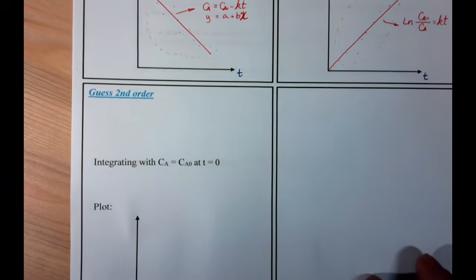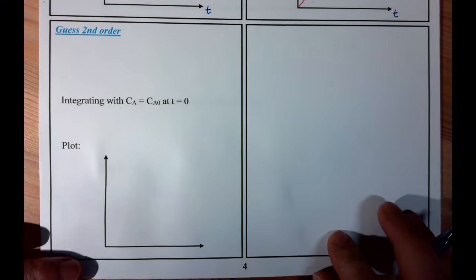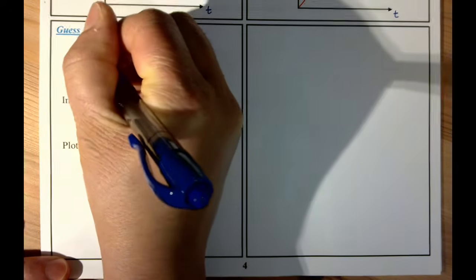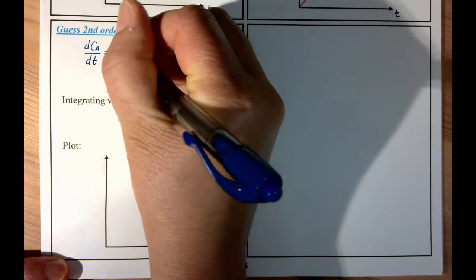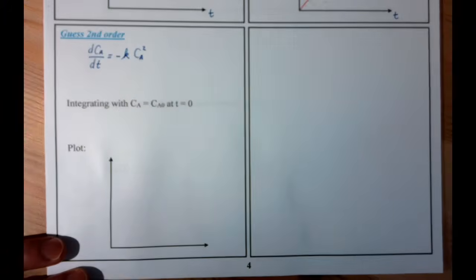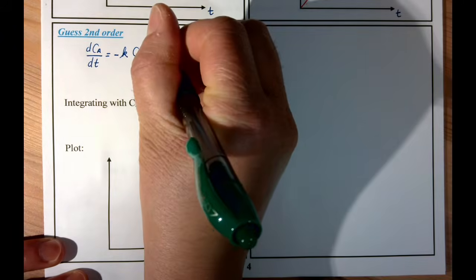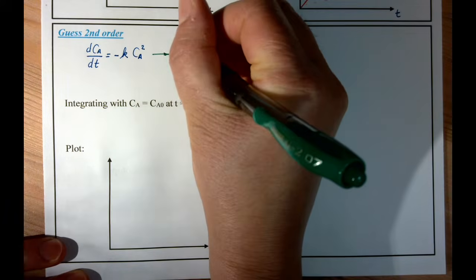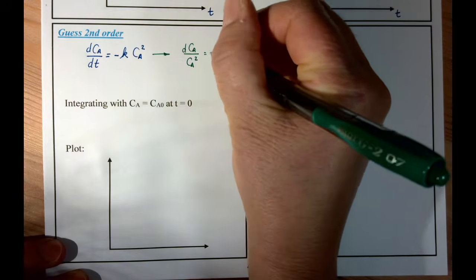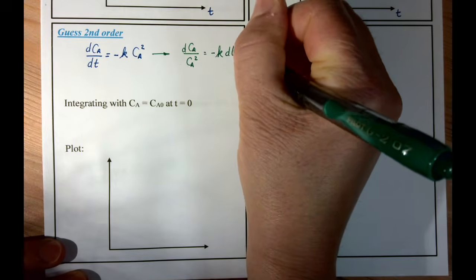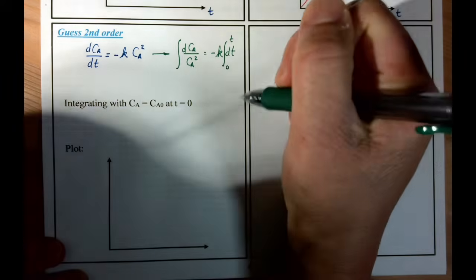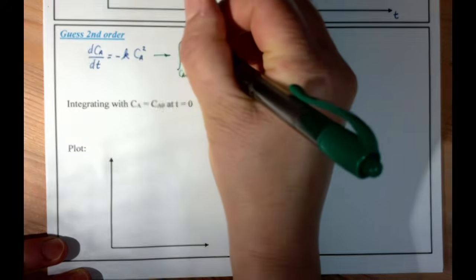And then what happens if we guess a second order reaction? For second order, dCA/dt would be equal to minus k CA squared. If we separate variables and integrate, in this case we would have dCA over CA squared equal to minus k dt, integrating from 0 to t and from CA naught to CA.